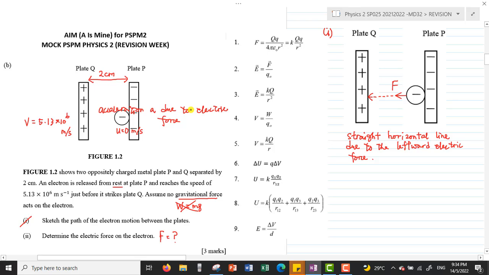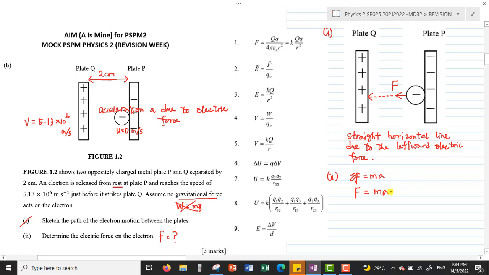So I can determine the electric force by applying Newton's second law. Summation force equal to ma. The only force acting on the electron is the electric force, so electric force equal to ma. I can determine it by substituting the mass and the acceleration of the electron.